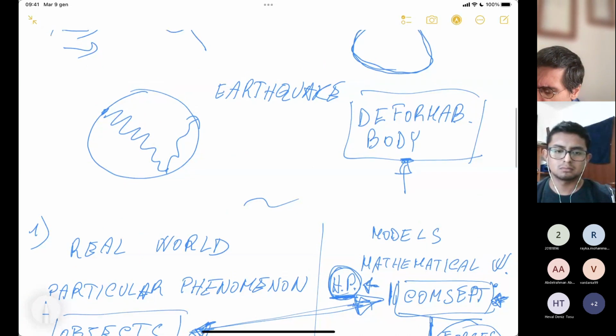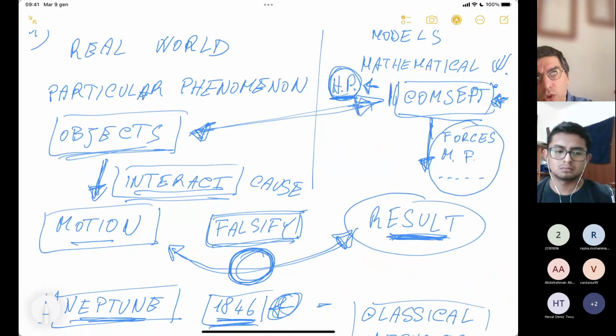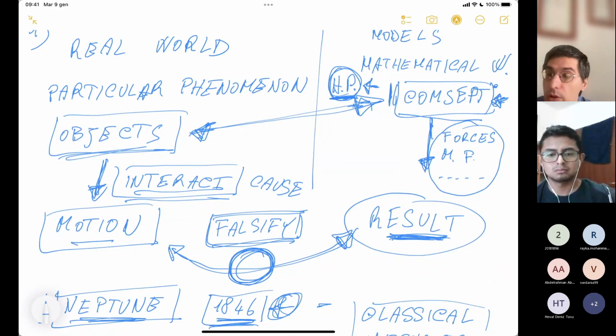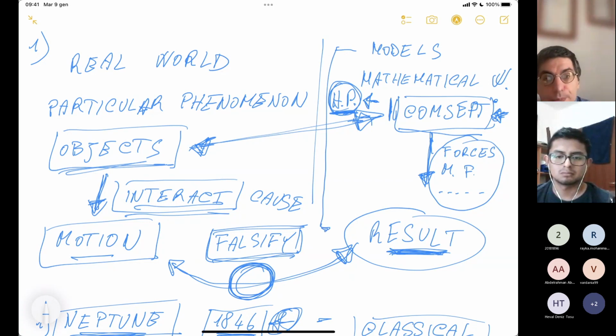So this is just a general picture of how a model can be thought. Of course, we talk about mechanics, so in all the models that we will see in the future, we will follow all these steps.